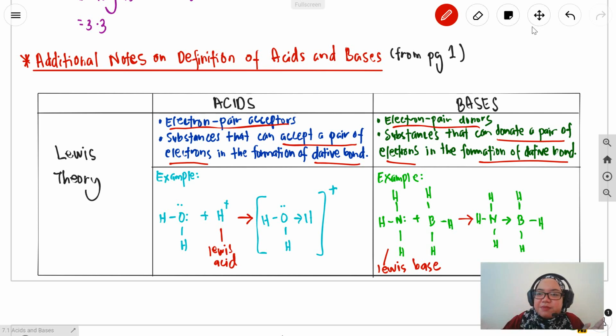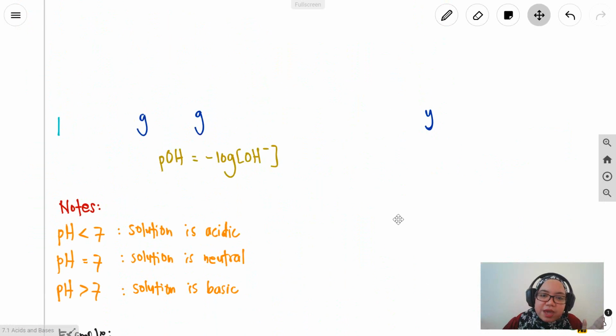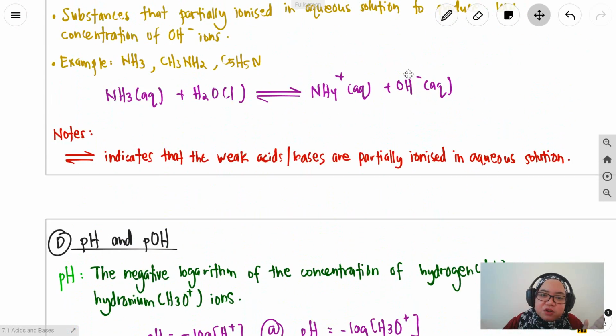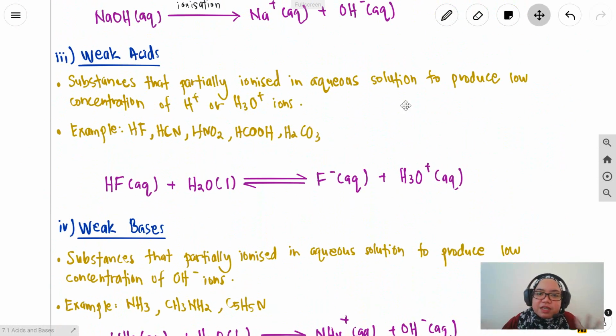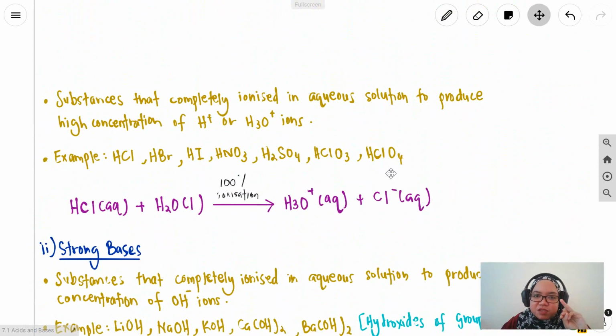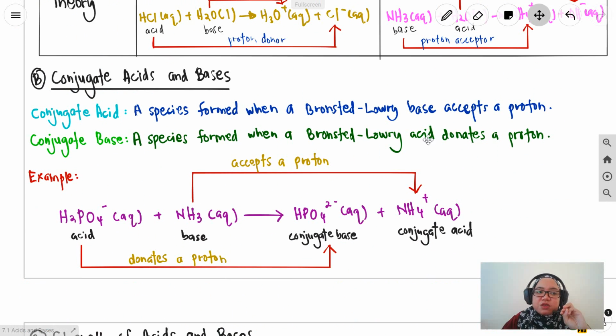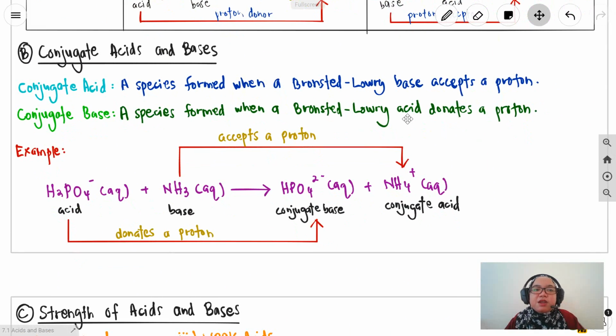Okay, so let's get back to the first page just now. We have finished defining all the acids and bases based on the three theories. The first one is Arrhenius theory, the second one is Bronsted-Lowry theory, and the last one is Lewis theory. Now we are going to look at the second part of this chapter, which is conjugate acids and bases.